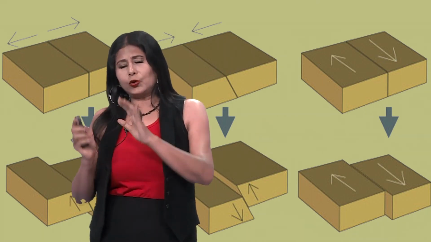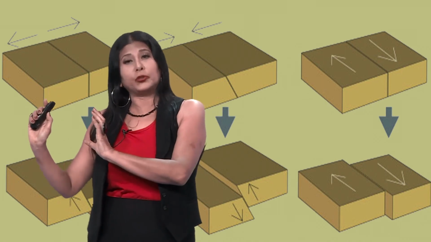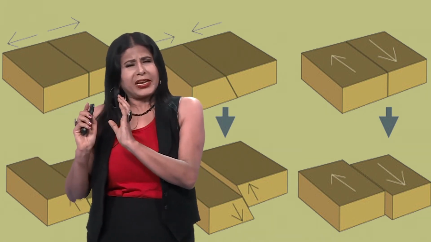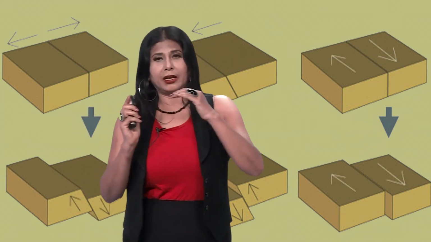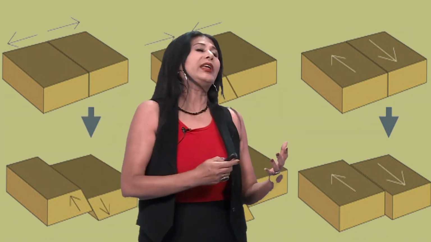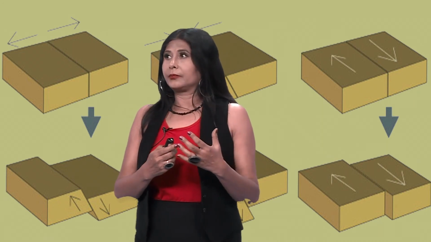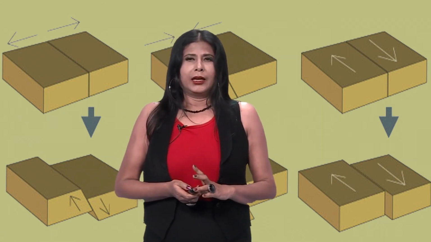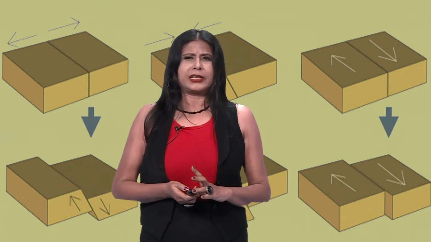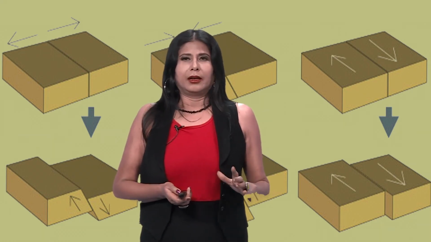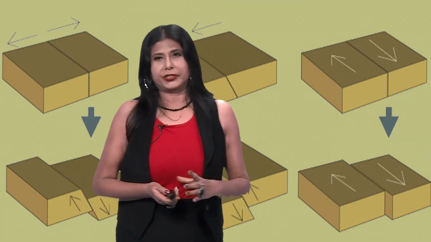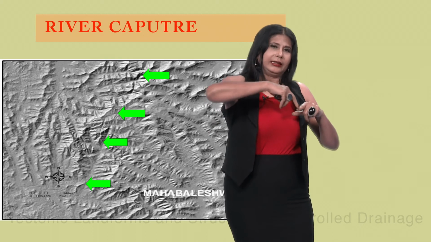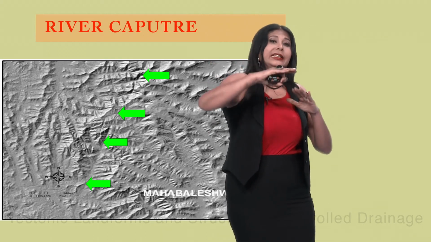Let us look very quickly, in the next 5 minutes or so, at some tectonic features as well, because till now what we have seen is the drainage pattern. Sometimes there is a fault line here and there is an escarpment.